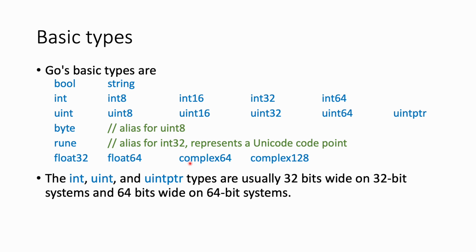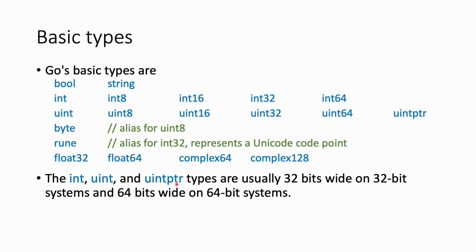Note that the uint and uintptr types are not a fixed length type. Okay, so they are usually 32 bits wide on a 32-bit system and 64 bits wide on a 64-bit system.